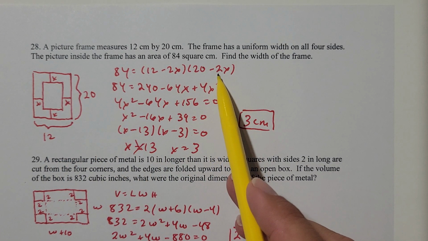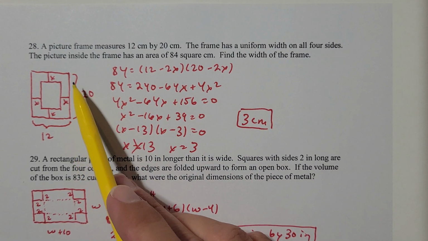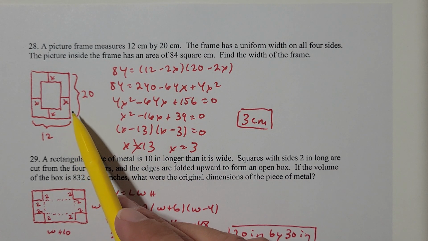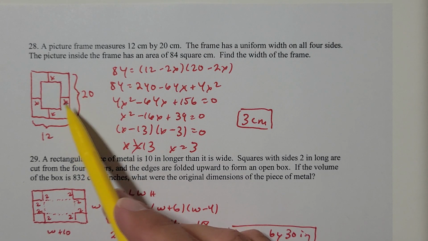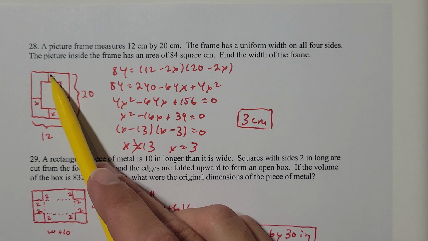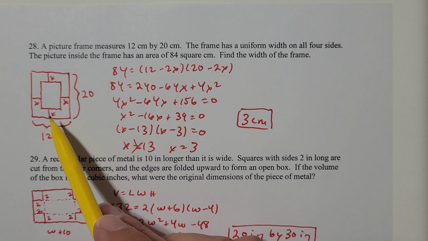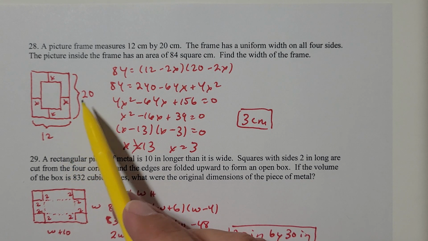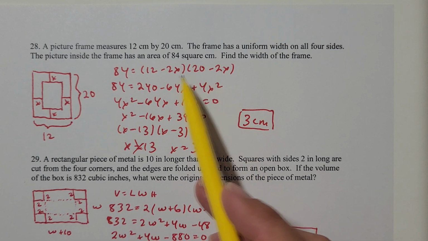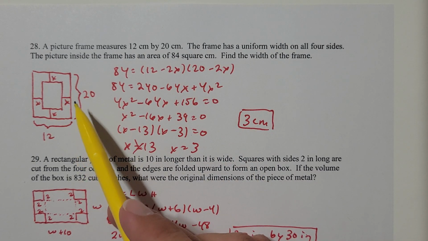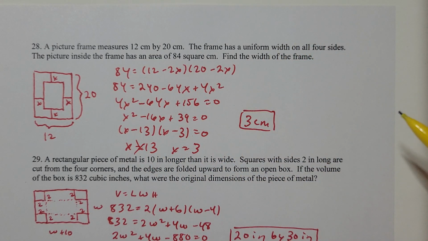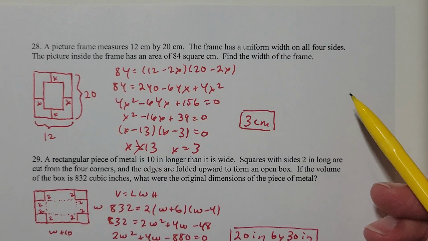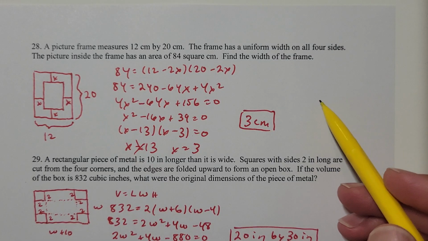The width of the frame is 20 centimeters, but that's not what they're asking for. We need to know the width of the picture. So if I take 20 centimeters minus x up there, minus x down here, then 20 minus 2x would be the width of the picture. So this here would be the setup equation that I would need to solve.